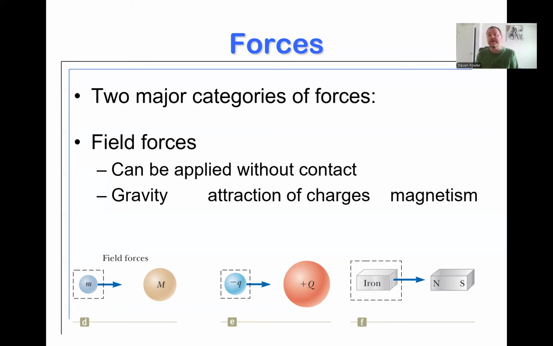But field forces for us are going to be any forces that do not require direct contact of 2 objects to be applied. These can be applied over a distance, sometimes very long distances. We're a very long distance from the sun, but the sun is applying gravity to us. So again, in chapter 13, we're going to look at the attraction of 2 different masses.